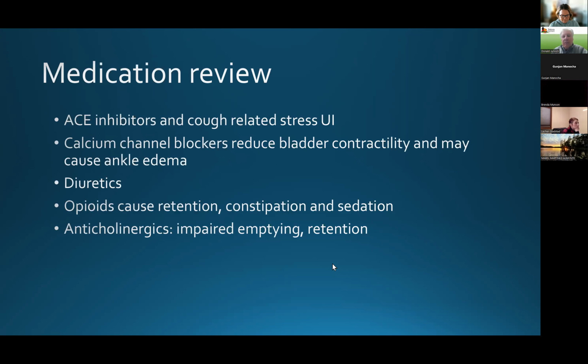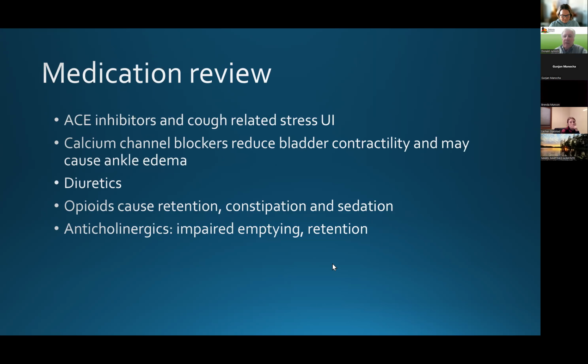It's important to look at medications, right? So you want to look at the ACE inhibitors. About 10% of them can cause a cough. And if I'm coughing all the time and I'm losing urine, well, that may be the ACE inhibitor, and you should switch to an ARB instead.